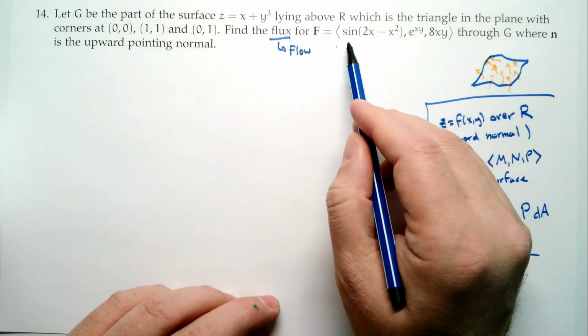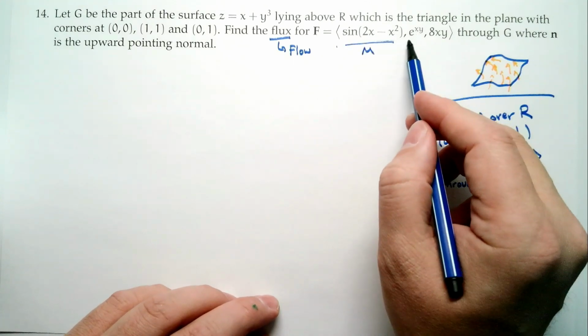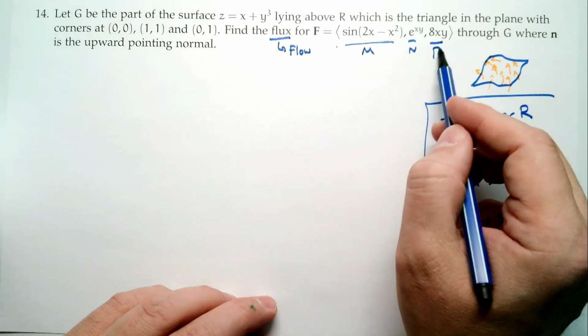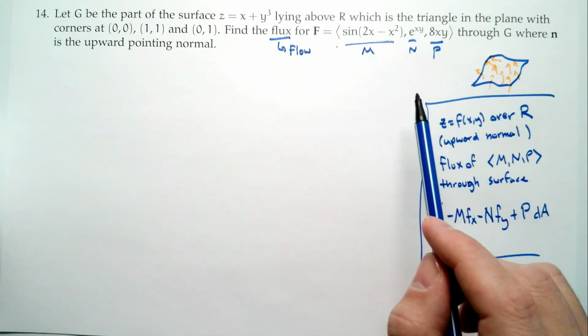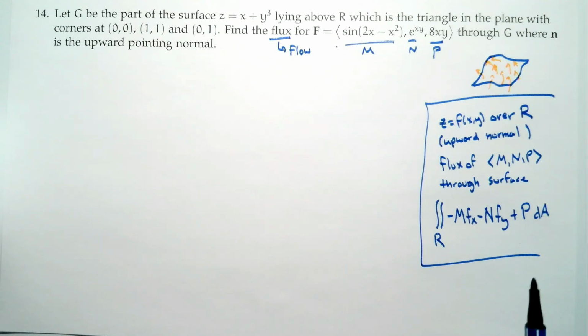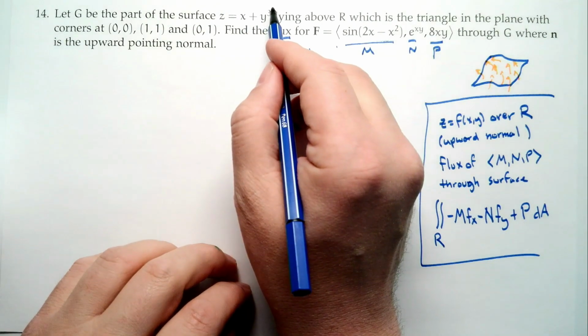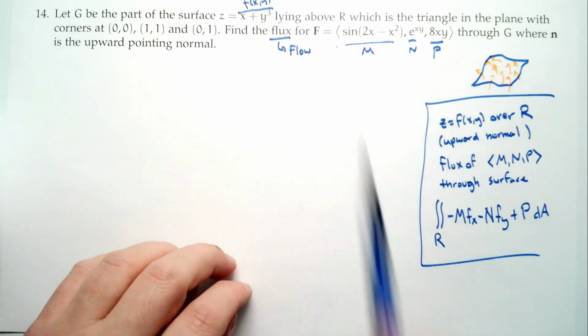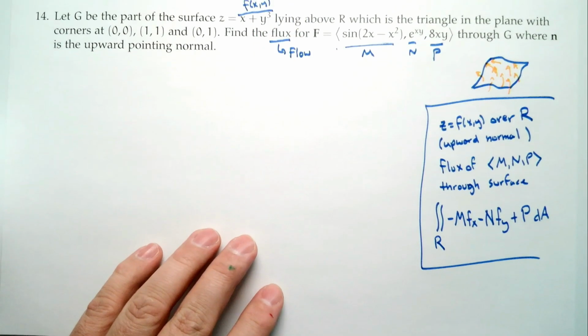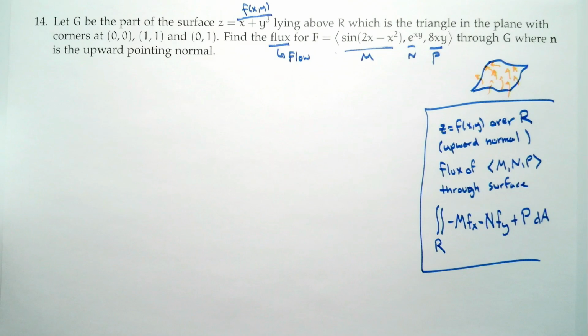So for us, our M, N, and P are giving us sine of 2x minus x squared, e to the xy, and 8xy. So what do we do? Well, here, this x plus y cubed, that's our function f of xy. So we have all of our pieces in place. We just need to put it together.